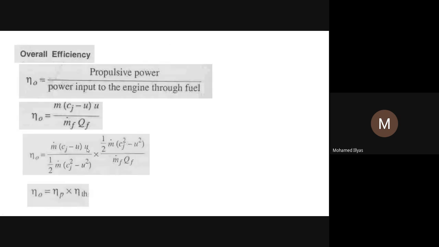And overall efficiency. What is the basic input? We have some heat energy that we are given. What is the final output? We have got some power output, but that has to be converted into a propulsive force, that is thrust. We have some heat input, and ultimately I need some thrust.